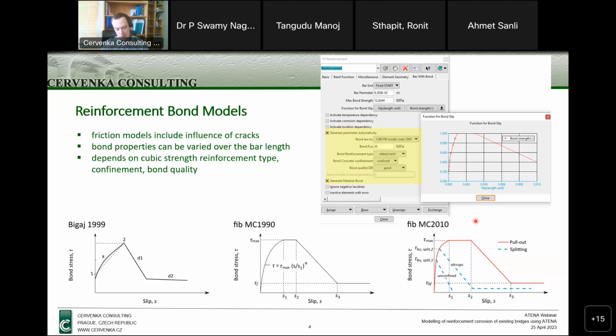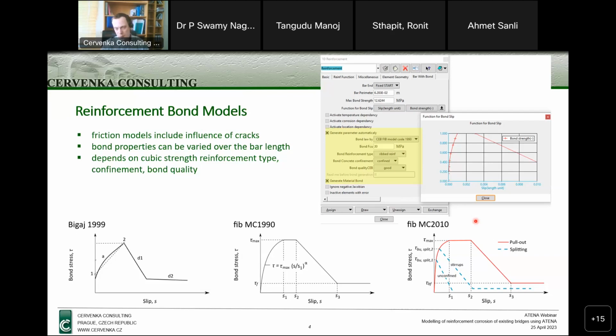This degree of freedom has a special material law corresponding to the bond slip and bond strength function. And as the stress in the interface between the bar and the concrete increases, we can simulate that a different value of stress is transferred through the interface.